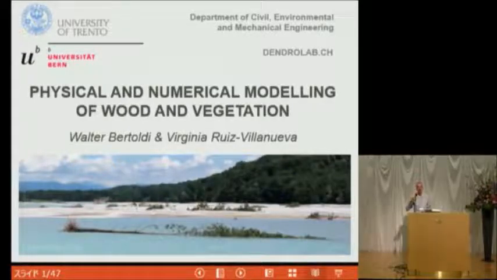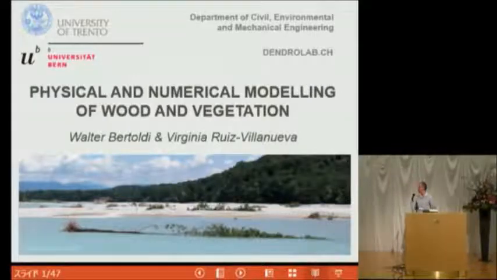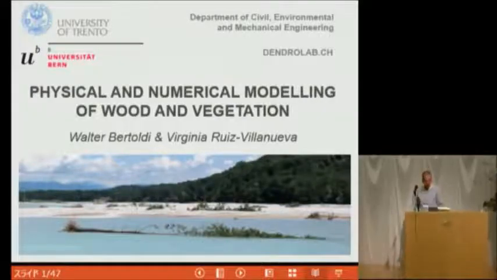Thank you, Mike. Good afternoon, and welcome to this last session, where I'm very honored to play the opening act. So my talk is about physical and numerical modeling of wood and vegetation, and I prepared this talk in collaboration with Virginia, who is here with us.